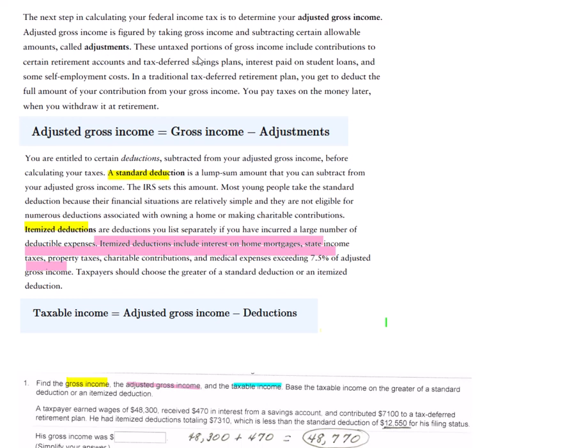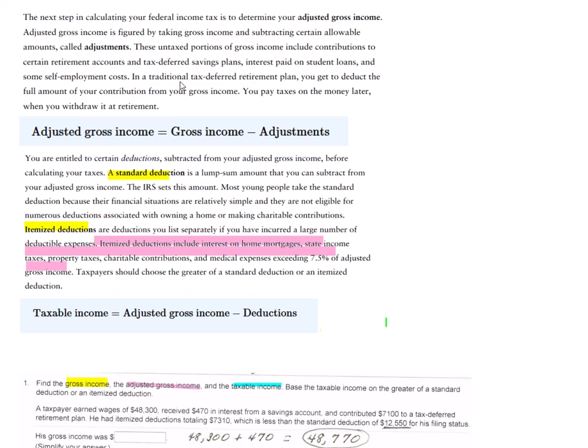These untaxed portions of your gross income include, once again, you may want to pause and make a list, contributions to certain retirement accounts, tax-deferred savings plans, interest paid on student loans, and some self-employment costs.